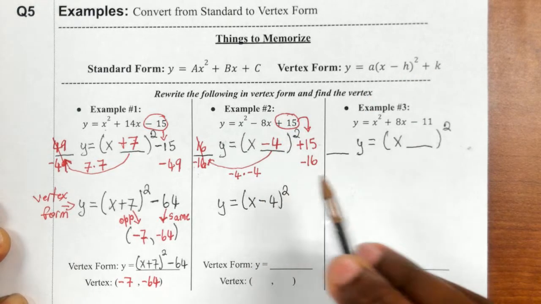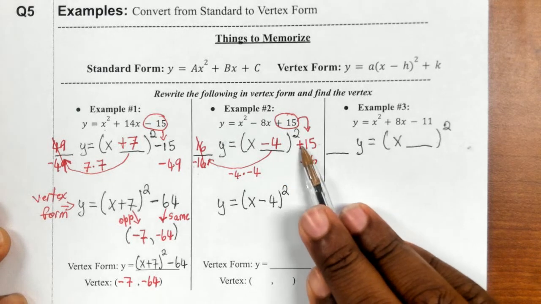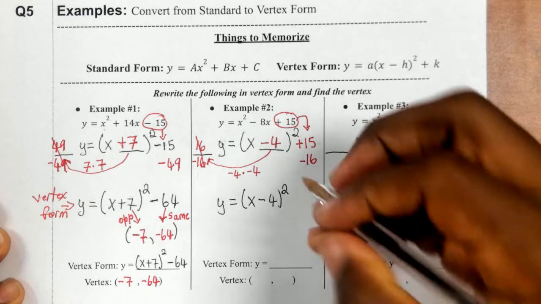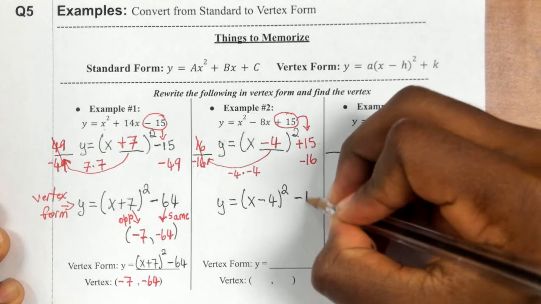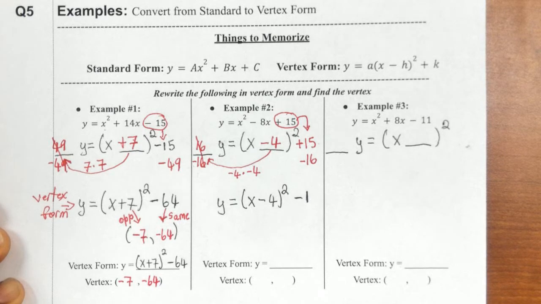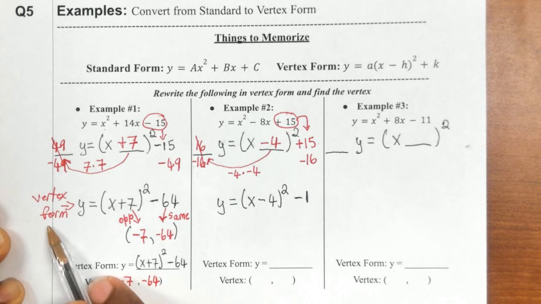Don't forget the squared. And now we need to calculate what 15 minus 16 is. 15 minus 16 is negative 1, because I'm taking more away than what I have. And that is my vertex form.